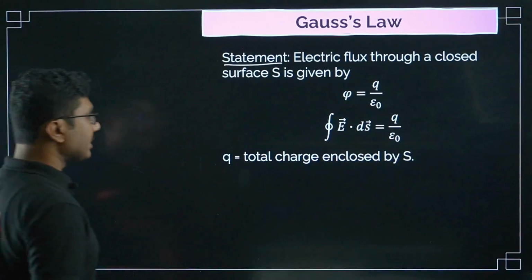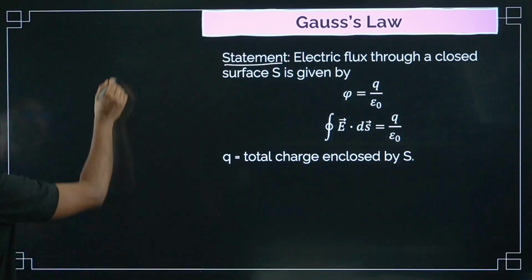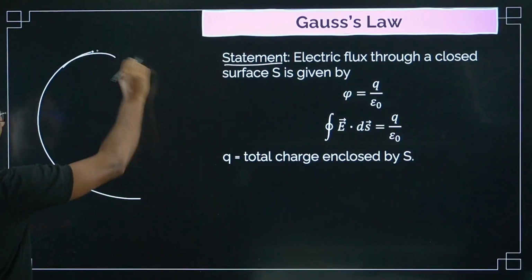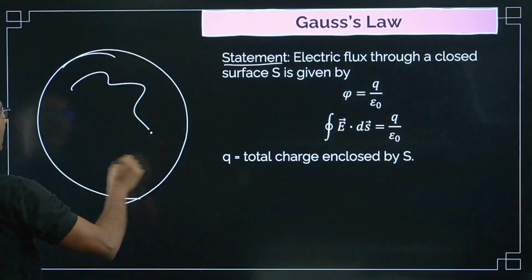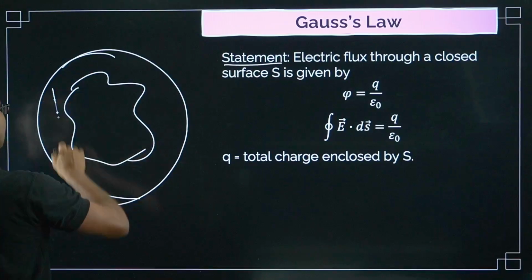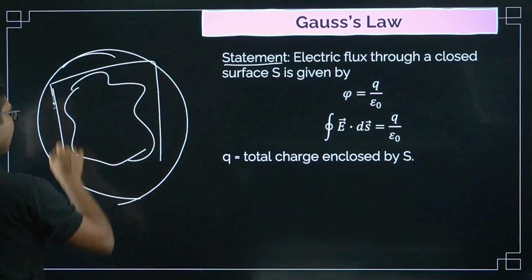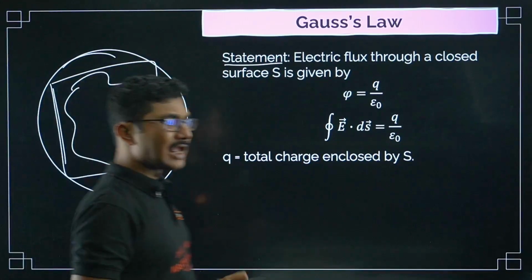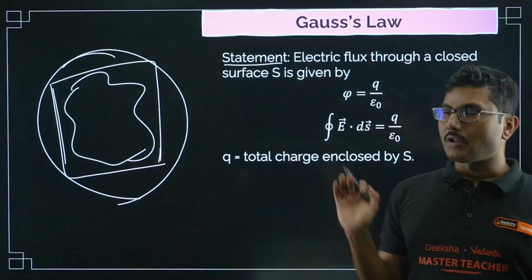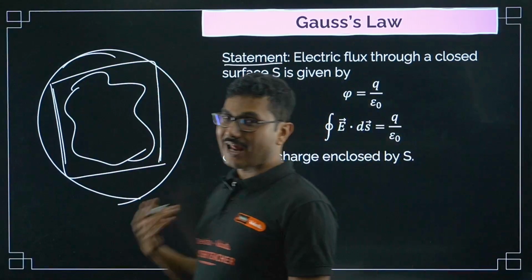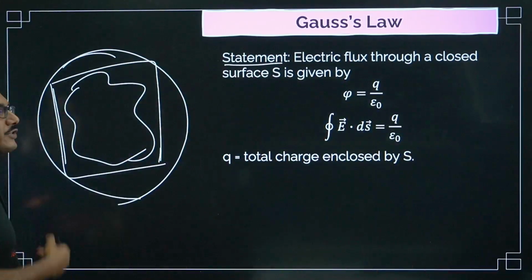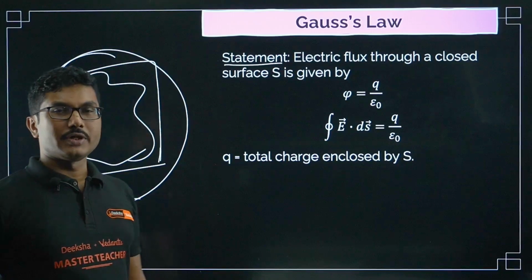Closed surface means it has to be some closed surface. It can be like this, it can be like this, it can be like this. As long as the surface is closed, any type of surface, Gauss's law is valid. It does not depend on the shape and size of the surface.